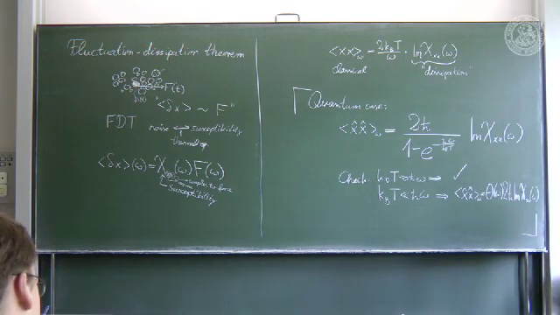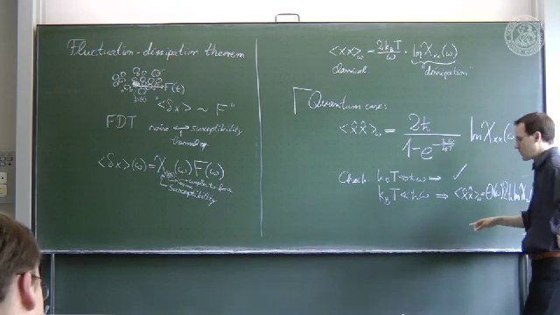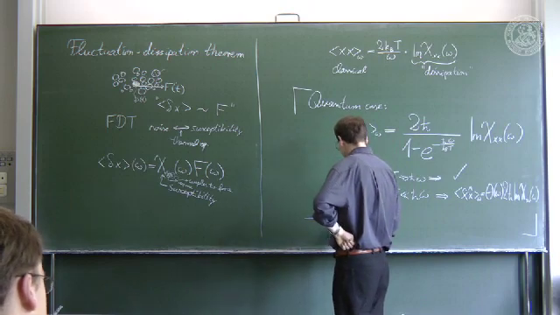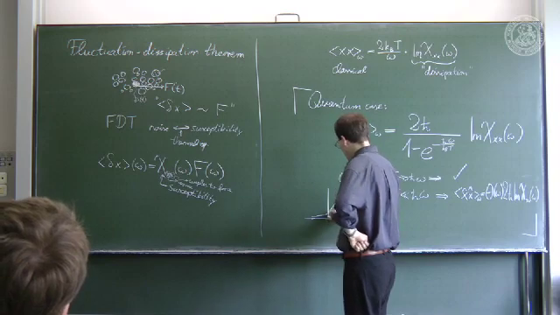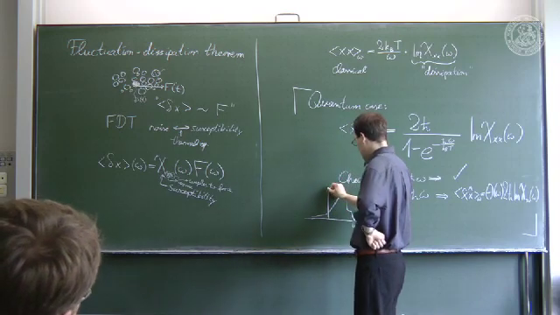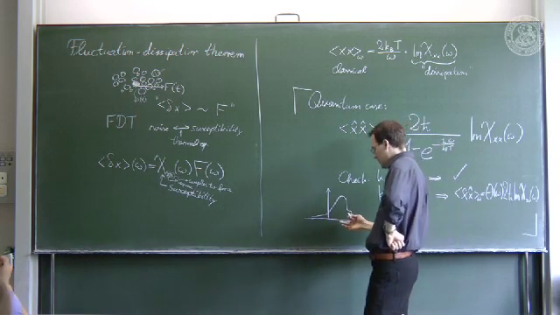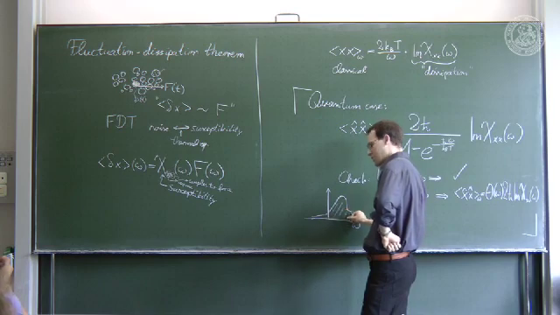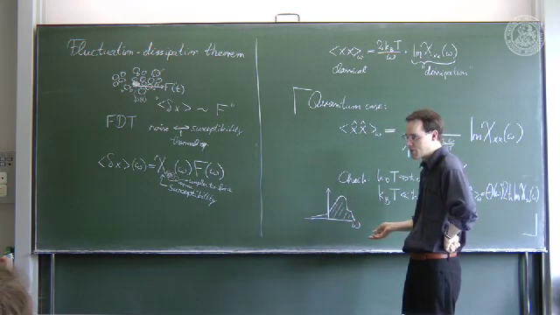And that is characteristic of a noise spectrum at 0 temperature, because you will remember our little discussion when we first discussed noise spectra. I told you that if I take the noise spectrum of some system, then the positive frequencies describe the ability of the system to absorb some energy, and this ability is always there, even at 0 temperature.